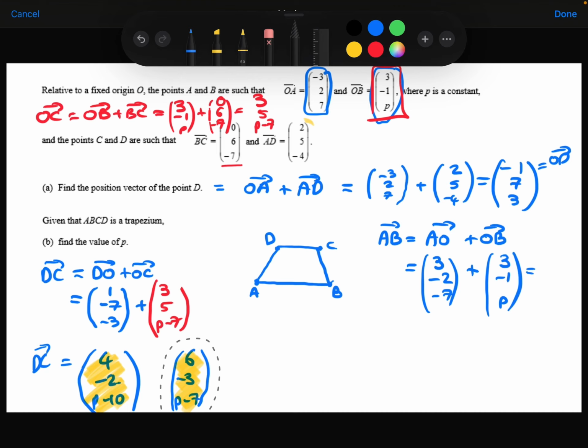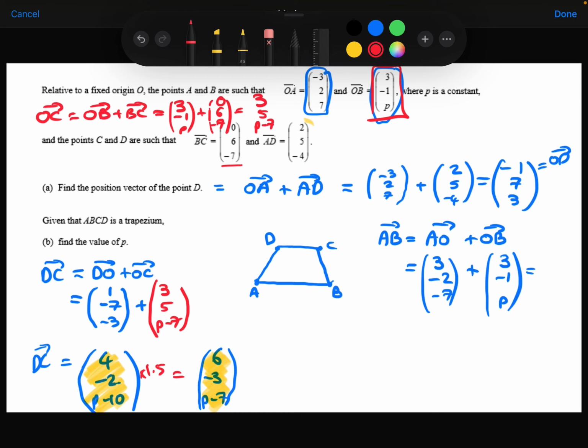Looking at the x components, I can see that the 6 is 1.5 times bigger than the 4. And the -3, I can see, is 1.5 times bigger than the -2.